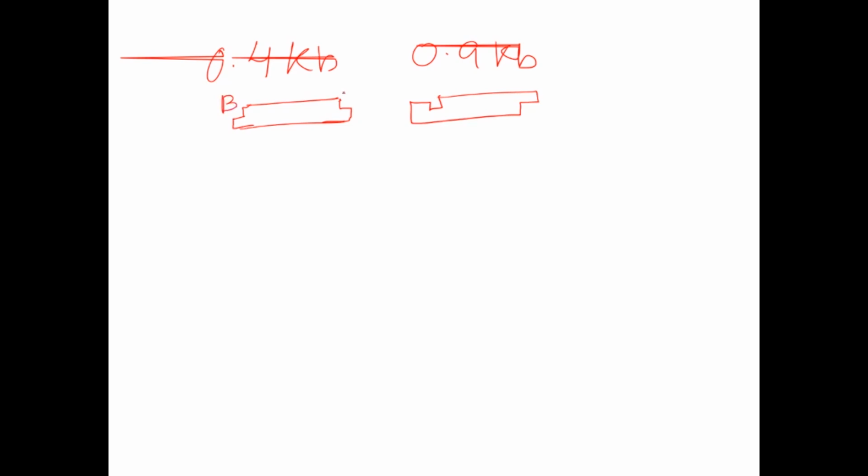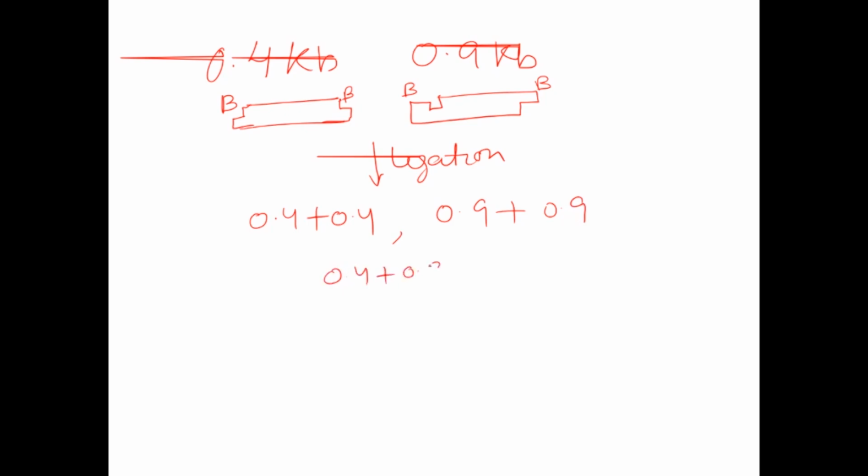So, you have the BamHI site on both the ends. Now, what are the various combinations in which the 0.4 kb and 0.9 kb can join? Suppose you put them for ligation. You have all these combinations possible.